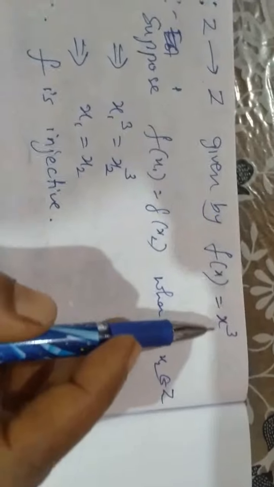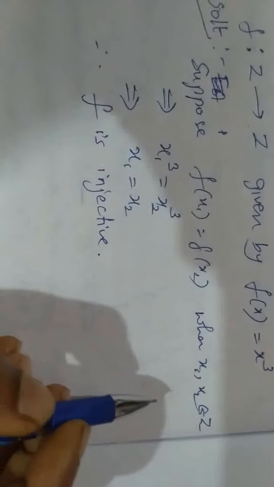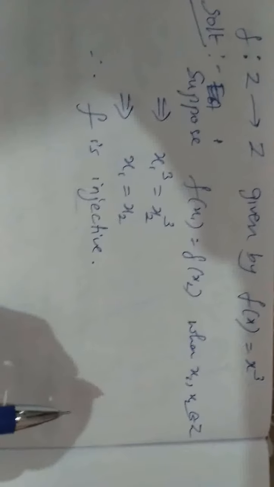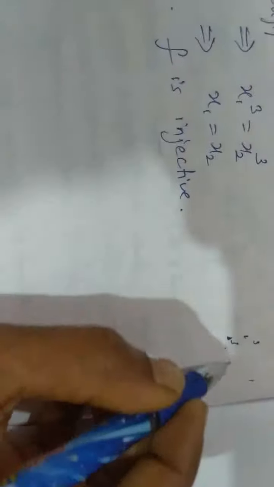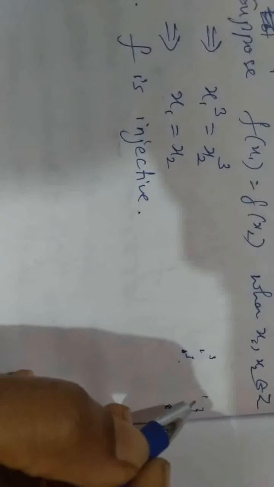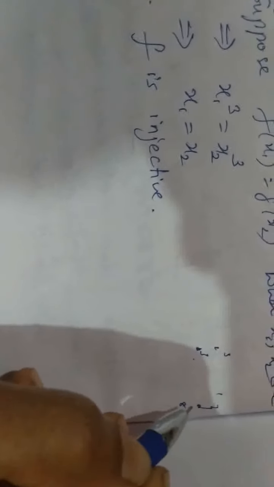And as in the previous one, you will get infinitely many elements in your codomain that are not the image of any element. 1 cube is 1, and after that 2 cube is 8. In between these, you will get many elements, 2, 3, 4 to 7, that are not the image of any element. Take any one example.